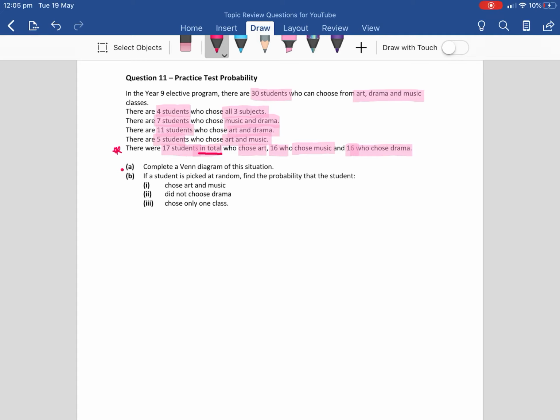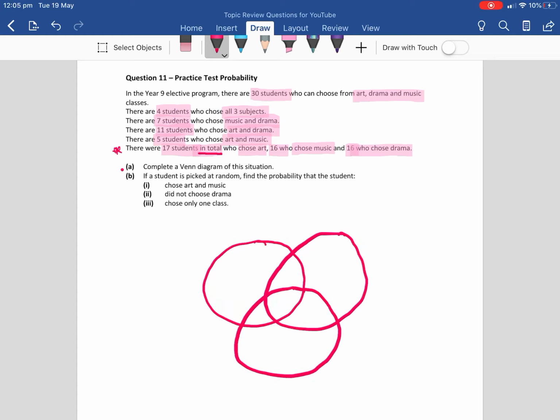And the fact that there are 4 students who chose all 3 subjects means all 3 of my circles need to overlap each other. So it's going to look like this. You've got 1, 2, and 3.